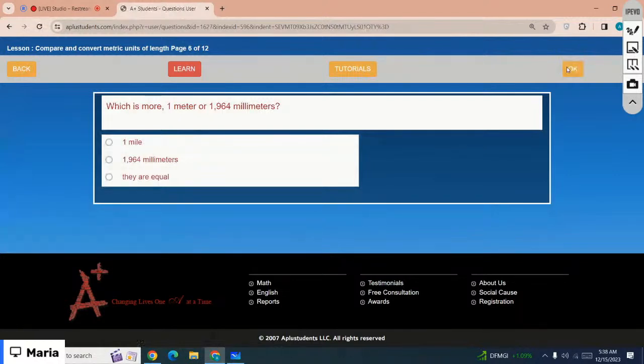So, which is the correct option? 1964 millimeters is more, right?